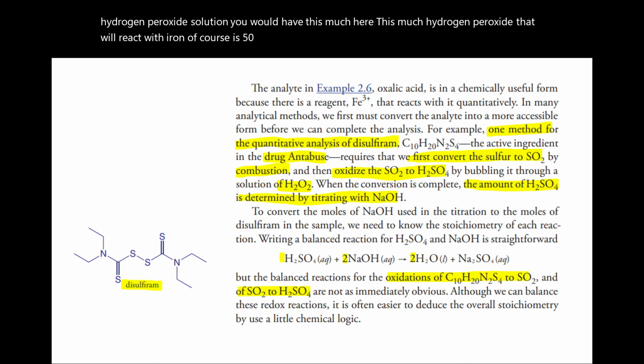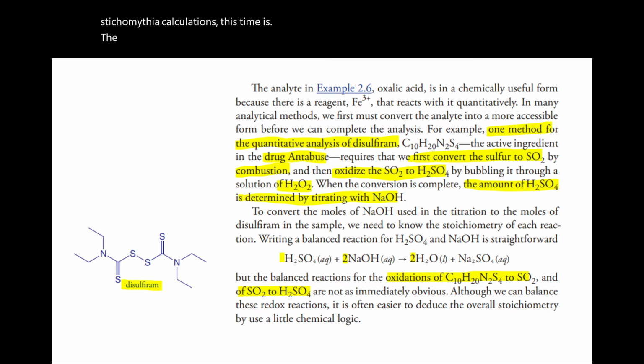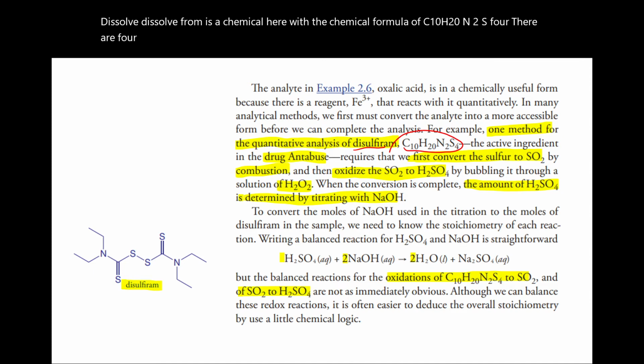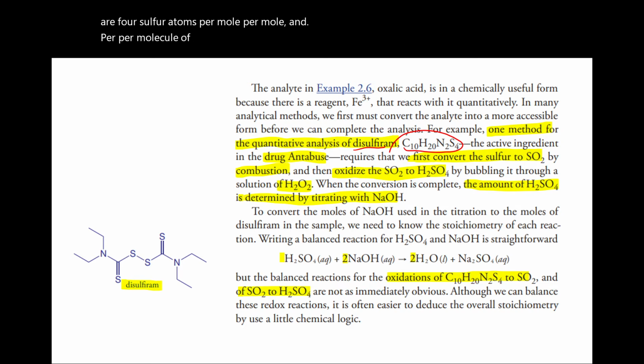So again, here we got another example in stoichiometric calculations. This time, disulfiram is a chemical with the chemical formula C10H20N2S4. There are 4 sulfur atoms per molecule of disulfiram.